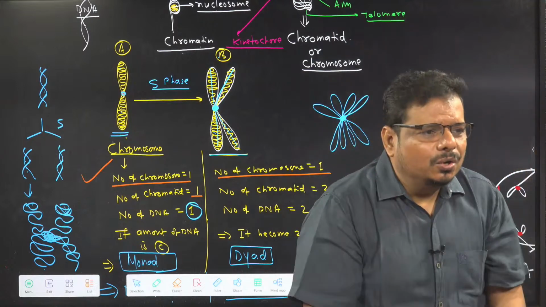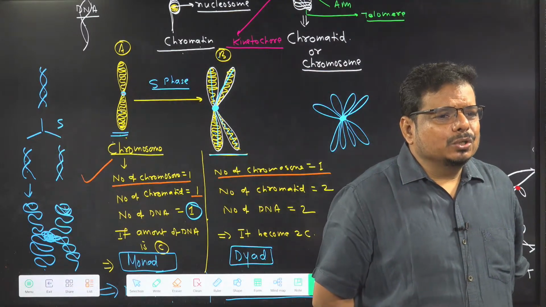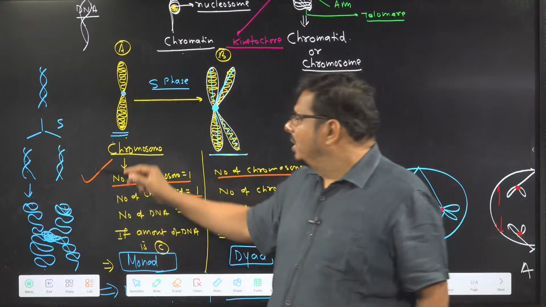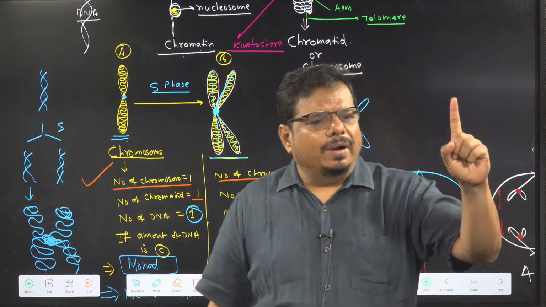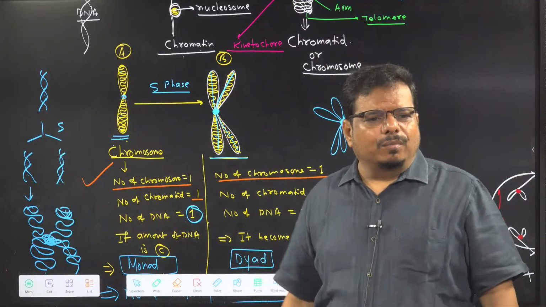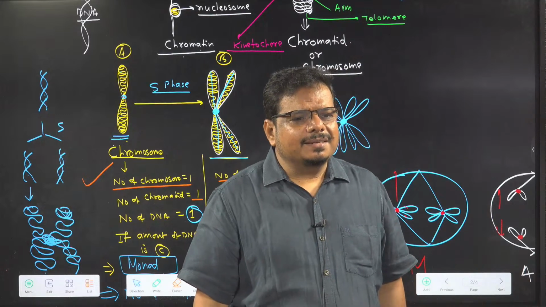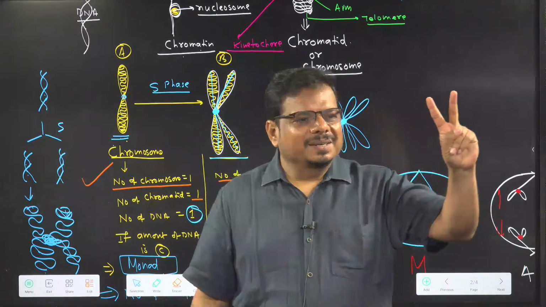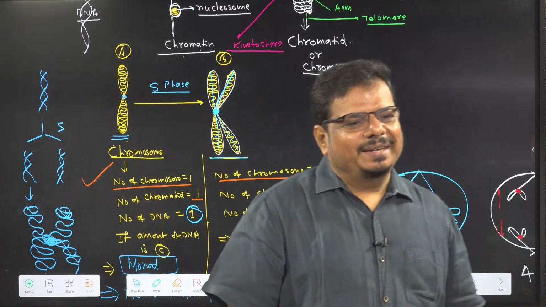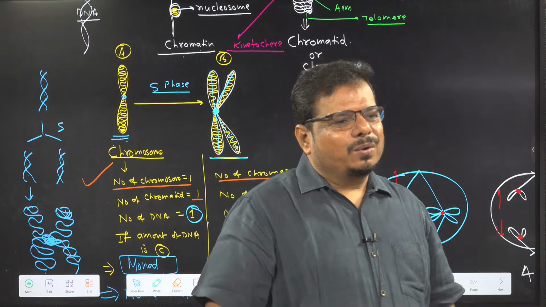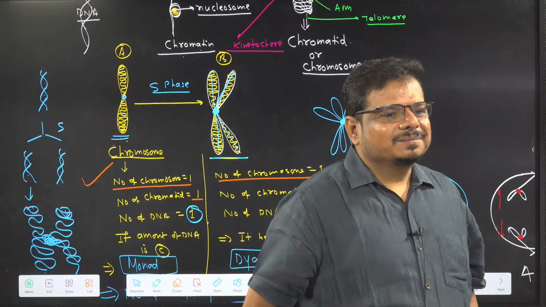It depends on the stages of the cell cycle. When the chromosome is in monad stage, how many DNA? 1 DNA. When the chromosome is in dyad stage, how many DNA? 2 DNA. But a chromatid always has how many DNA? 1 DNA.